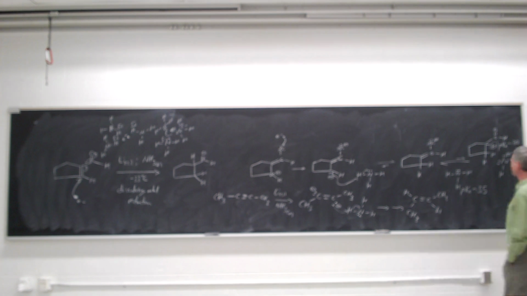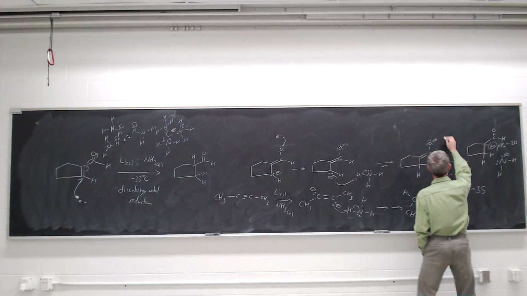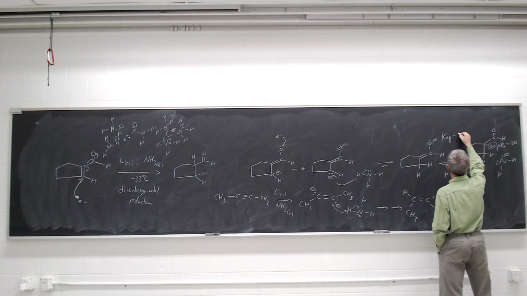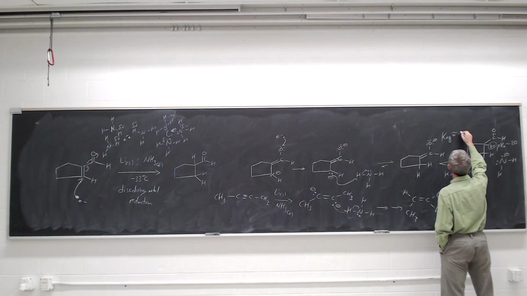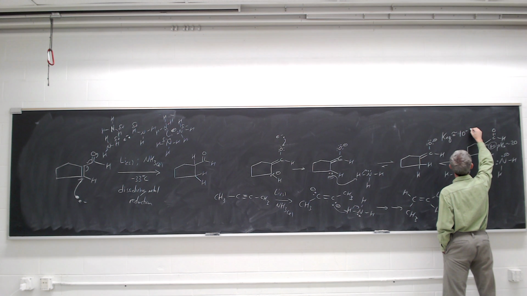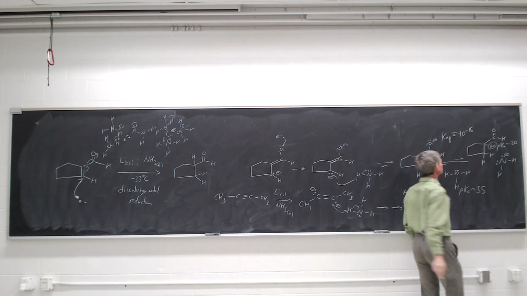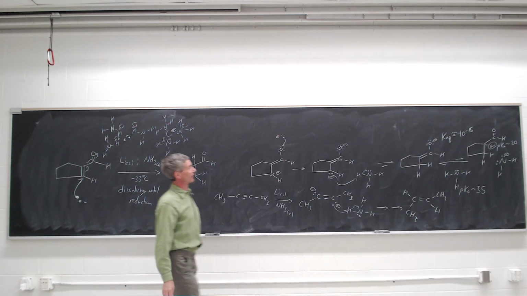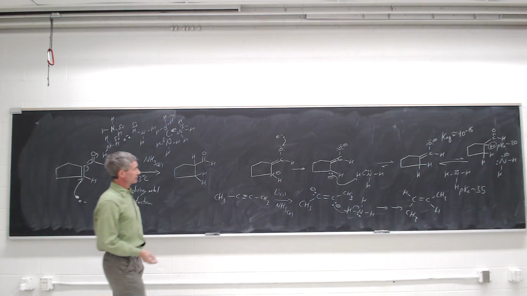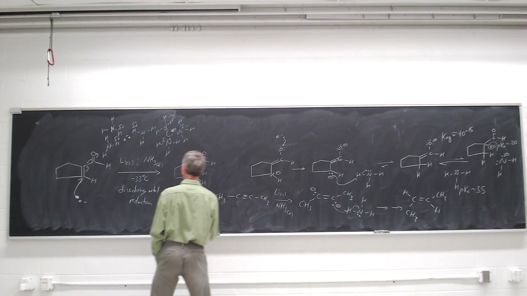Alpha carbon, alpha hydrogen, which means the equilibrium constant for this reaction is approximately equal to 10 to the minus something small. So it protonates the dianion, but leaves the enolate until there's an acid workup.